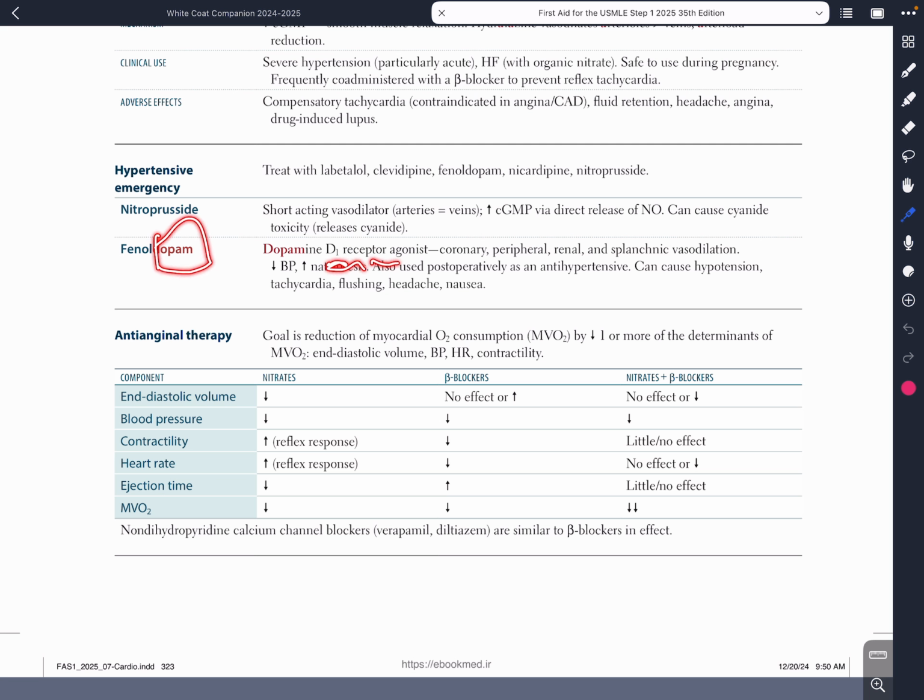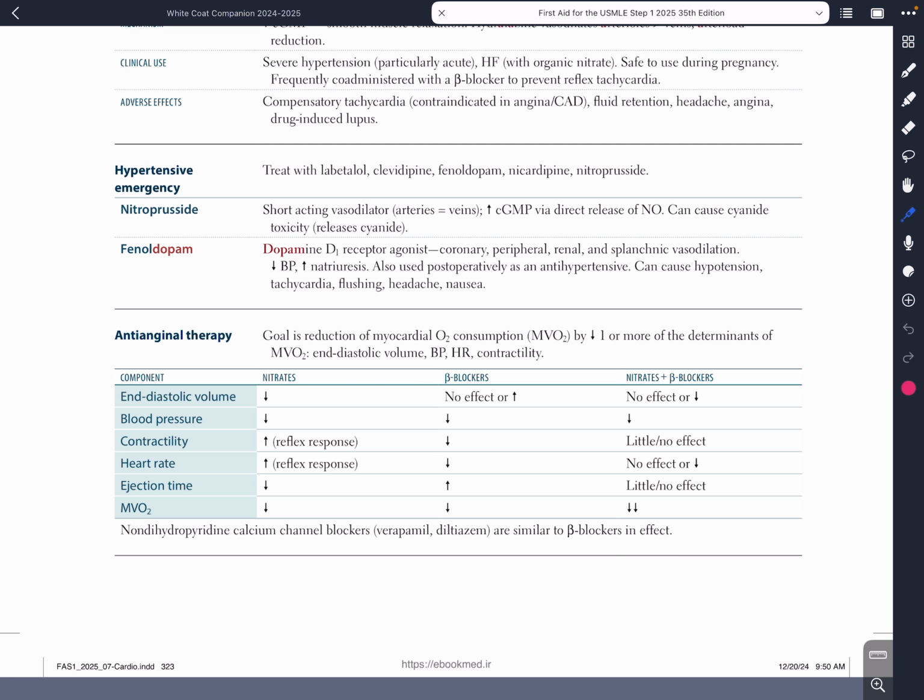Fenoldopam is a dopamine D1 receptor agonist, and it causes coronary, peripheral, renal, and splanchnic vasodilation.